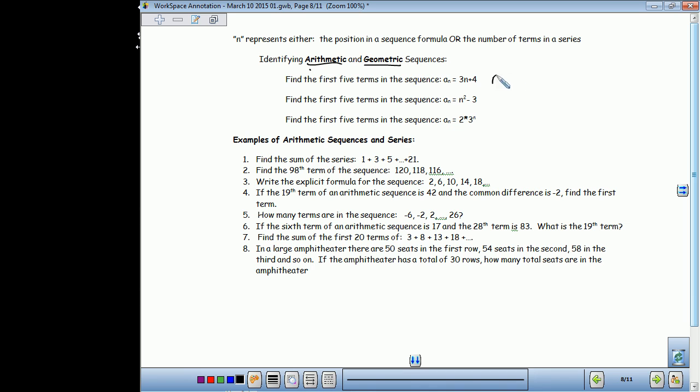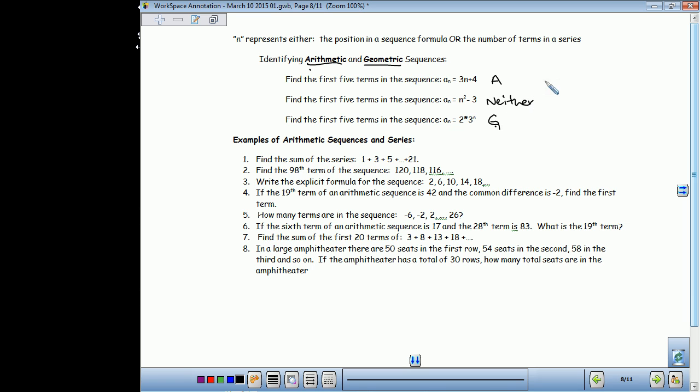Arithmetic, because it's linear. Is this one arithmetic, geometric, or neither? Arithmetic is linear. Geometric ends up being exponential. So this last one is geometric.